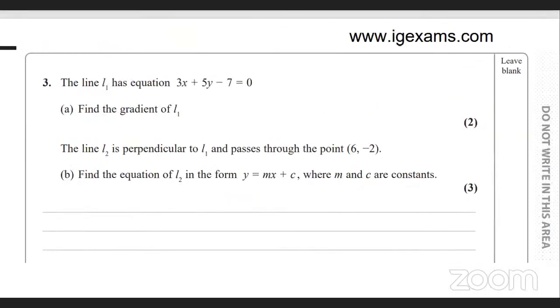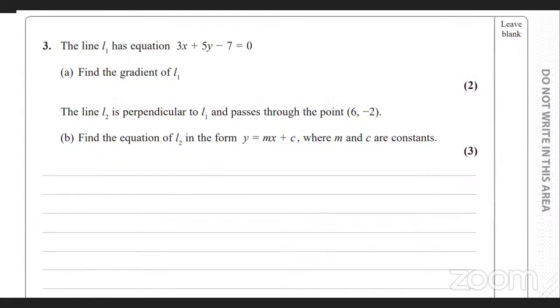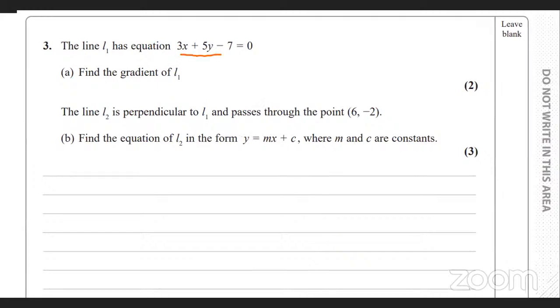So here's the third question. The line L1 has equation 3x plus 5y minus 7. I did not read all of the question. So far, I just know that this is the equation of a line and I need to refer to the general equation of a line.